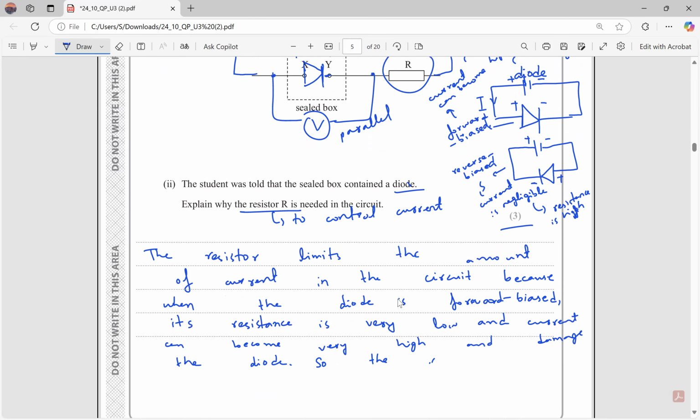So the resistor R limits this current. There you go. That's the answer to part 2.